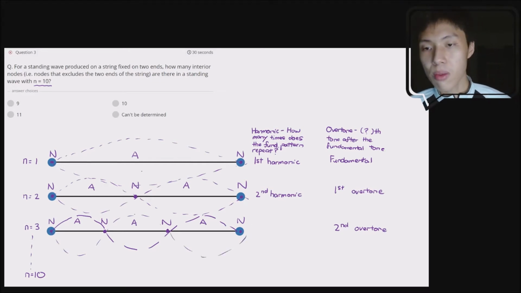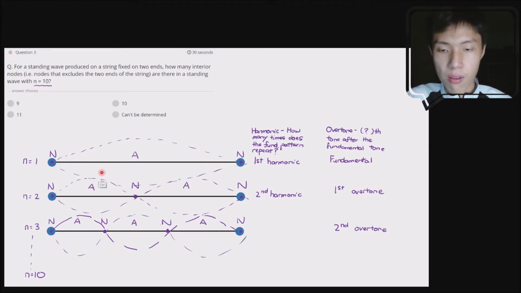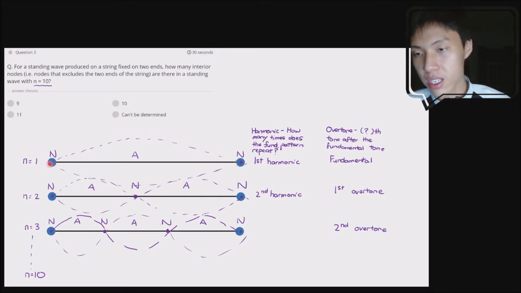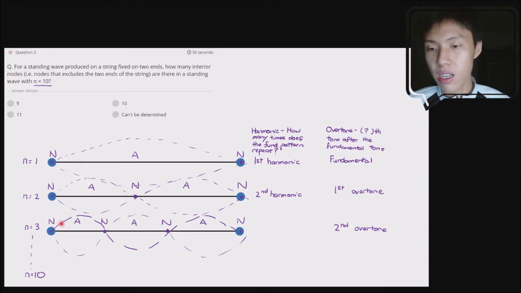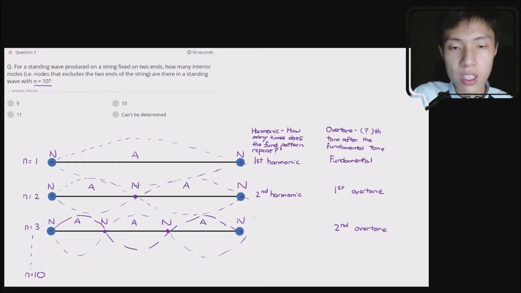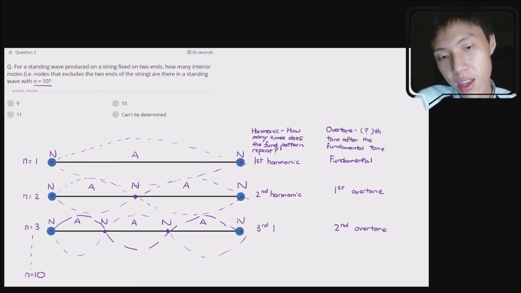The fundamental pattern is only one curve like this, and we see that this curve repeats 3 times in here. Therefore, the repetition is 3 times, so it's the third harmonic.